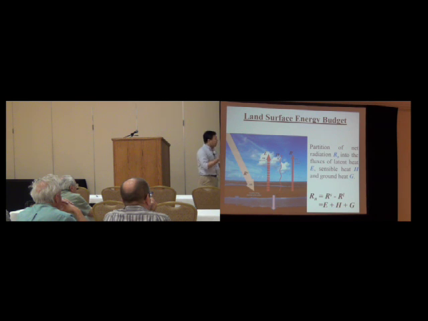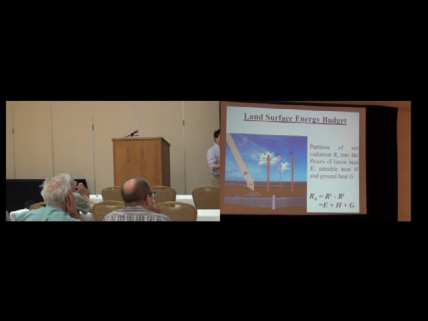So the basic question any climatic model must answer is how much energy goes into which component of the surface energy balance equation, because we know the energy must be conserved.